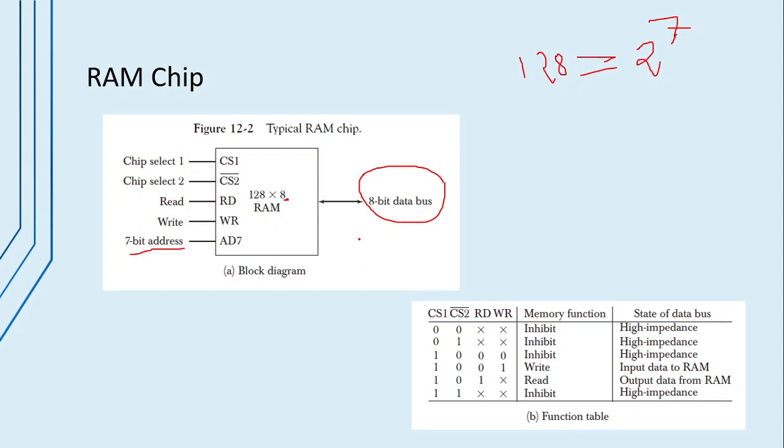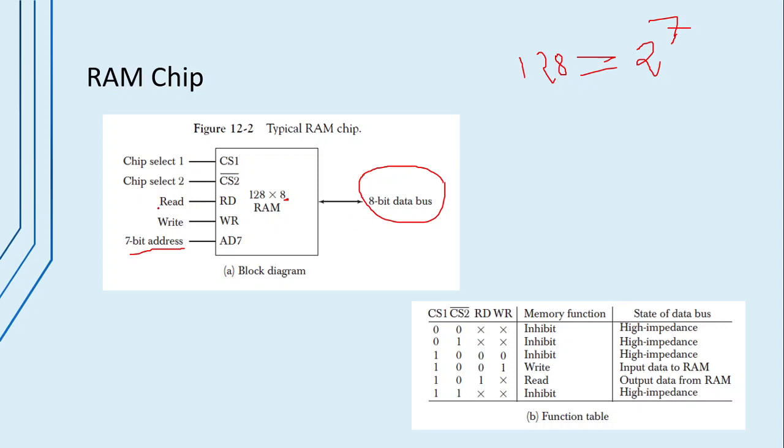This data bus is bidirectional, meaning by using this data bus you can perform read and write operations. The 8 bit bidirectional data bus allows the transfer of data either from memory to CPU during read operations or from CPU to memory during write operations.